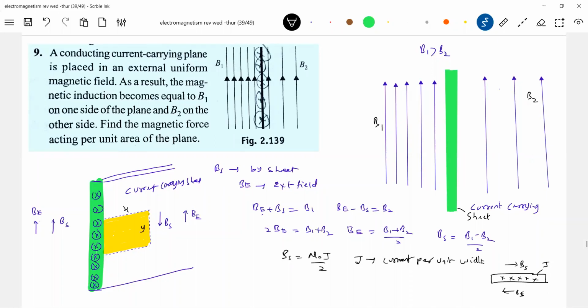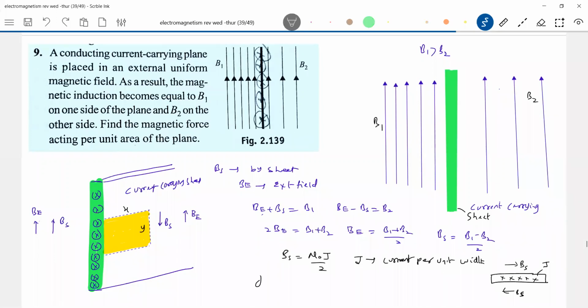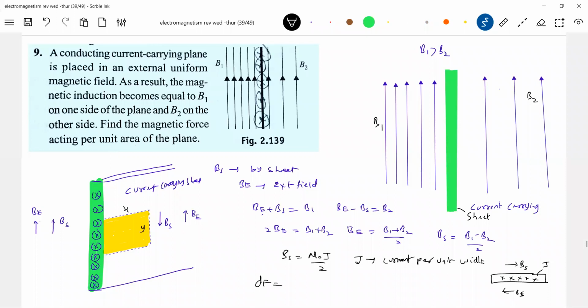Okay, no. How much current is there in this particular width? In a width Y, J into Y, shall we put it here? So the force acting on that small elemental strip should be due to the external field BE. So how much current? Current should be equal to J into Y. What is the length of the wire?